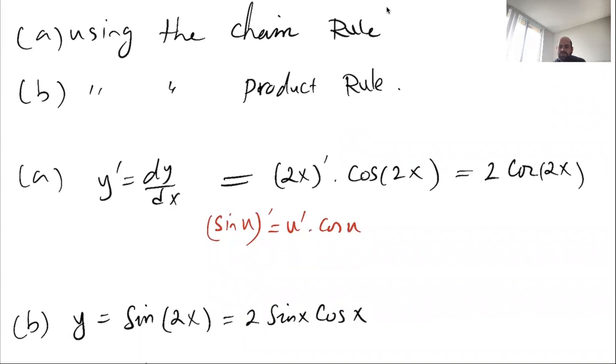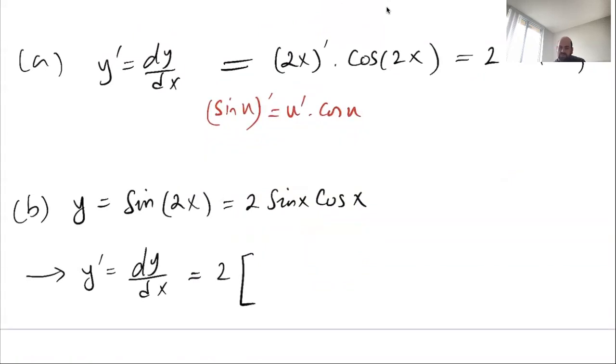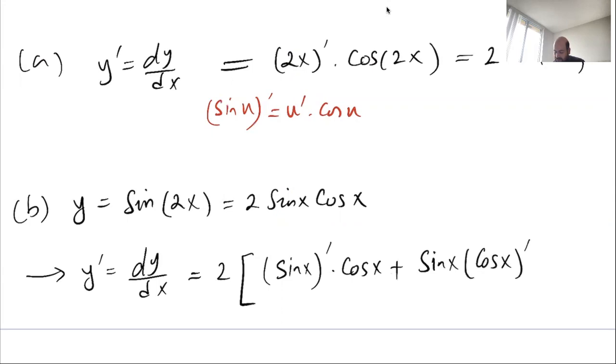Well, sine 2x is 2 sine x cos x. Therefore, for y prime, I have to use the formula for the derivative of uv. What is the derivative of uv? It's u prime v plus u v prime. So the derivative of sine x times cos x plus sine x times the derivative of cos x.